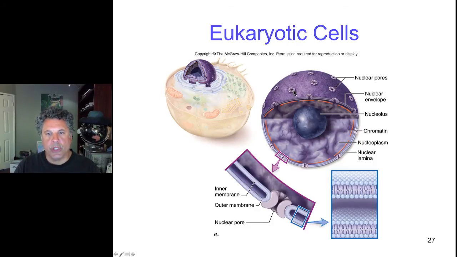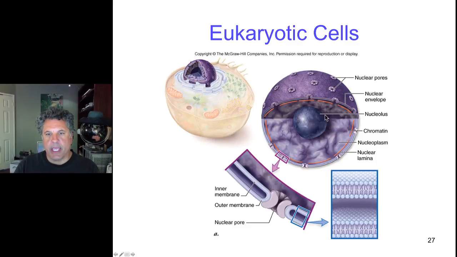We see the nuclear pore complexes, which are large macromolecular assemblages of numerous proteins that punch holes in the double membrane system and allow mRNAs, for example, to be exported through the nuclear pores into the cytoplasm, and transcription factors, which regulate DNA, to come into the nucleus from the cytoplasm, where they are manufactured on ribosomes.